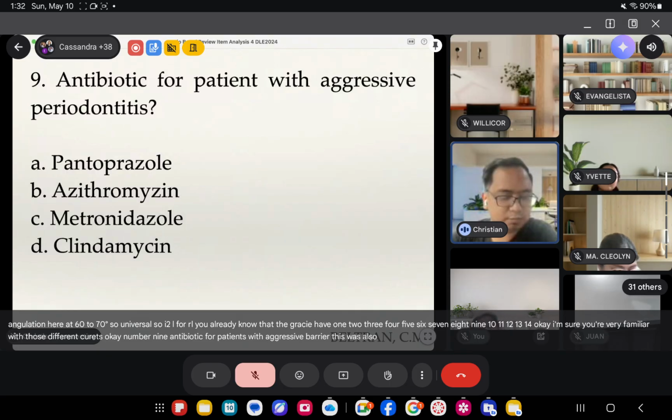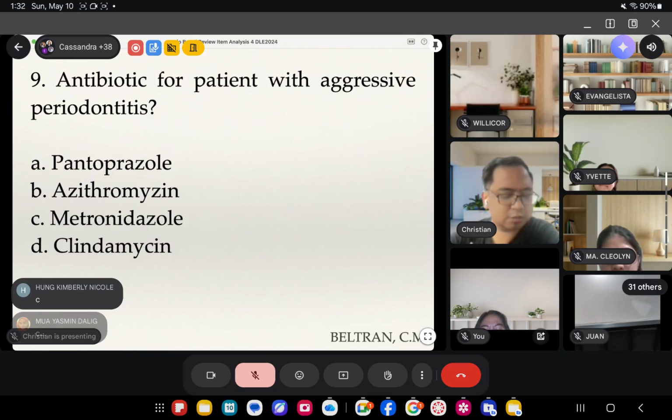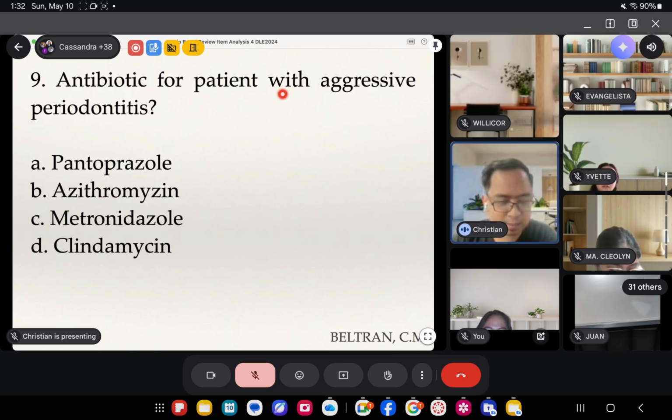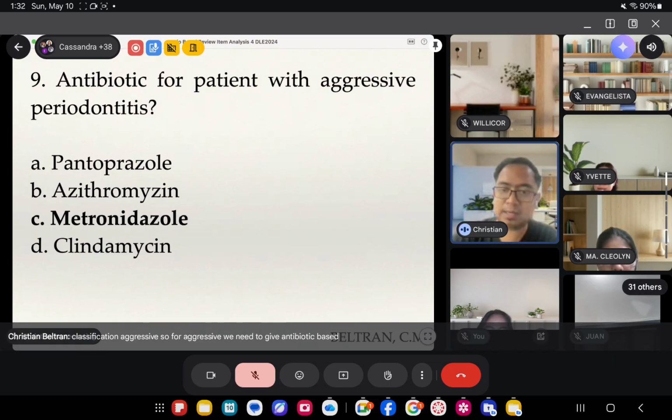This one's also easy. The answer would be metronidazole, letter C. Okay, metronidazole. And again, this is in the 1999 classification, aggressive. So for aggressive, we need to give antibiotic based on the 1999 classification.